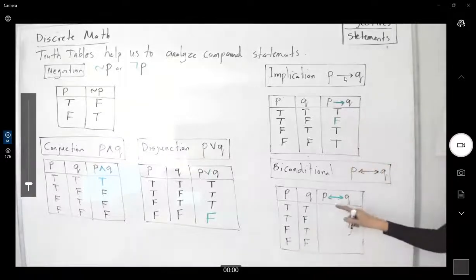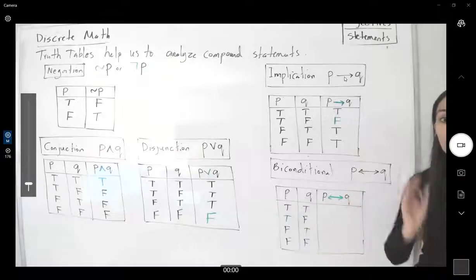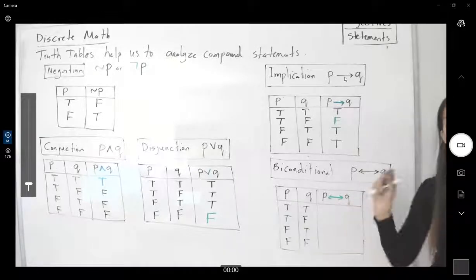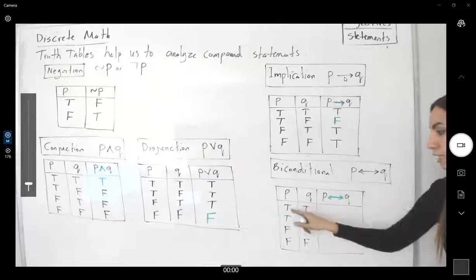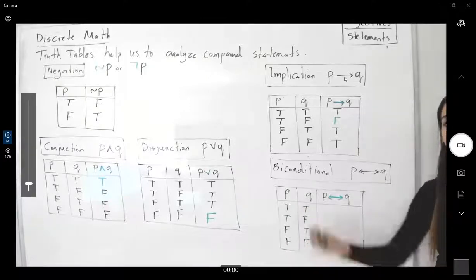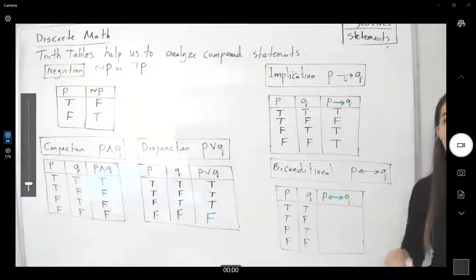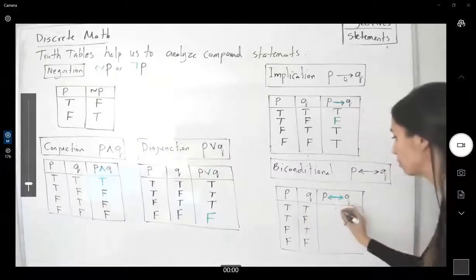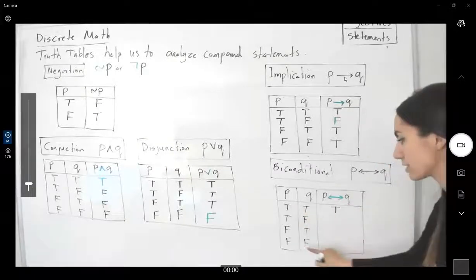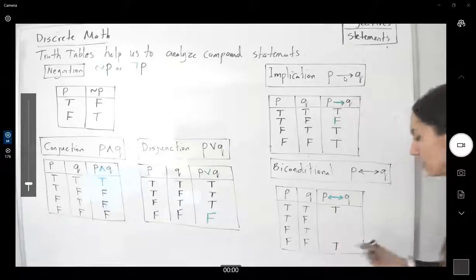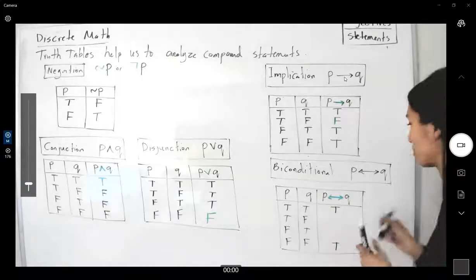So the biconditional connector is defined as true if and only if both of these two statements have the exact same value. True and true gives you true, false and false give you true, but in other cases, it's going to be false.